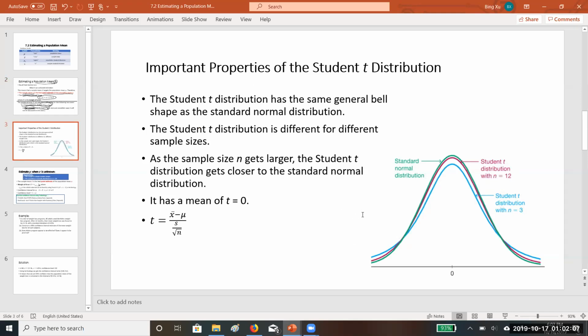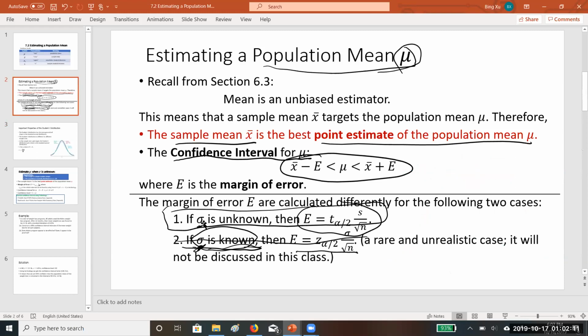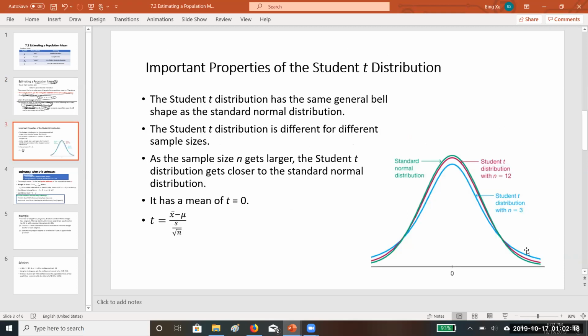And here, t distribution. If you don't know the sigma, instead of z, you would use t distribution. T distribution is pretty similar to the standard normal distribution. The mean is the same. The number in the middle is 0, but the standard deviation is changed.